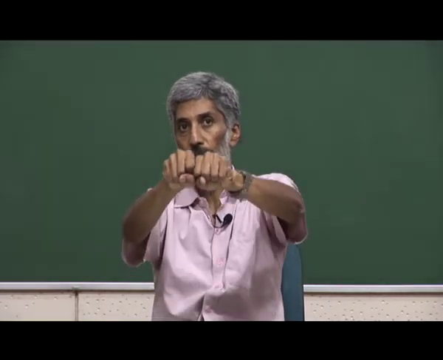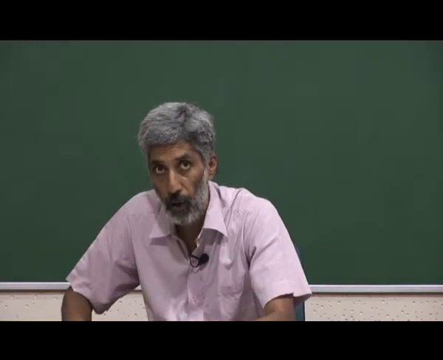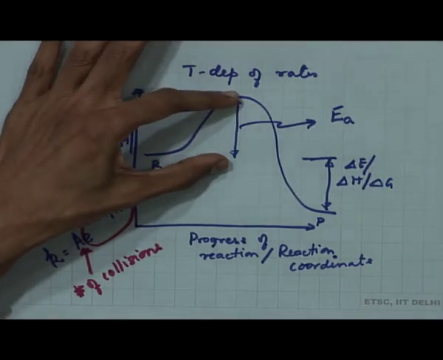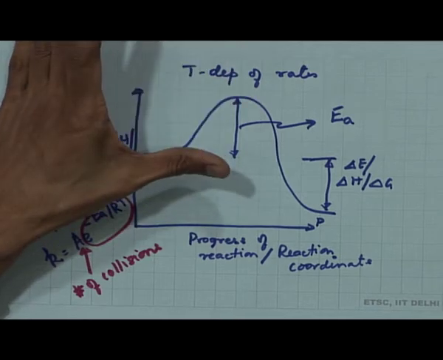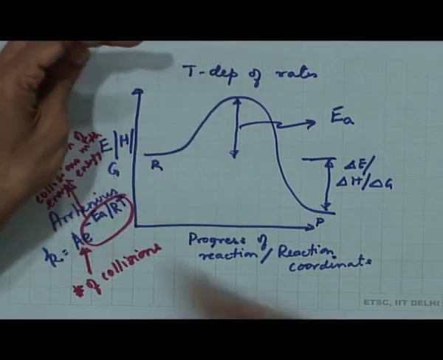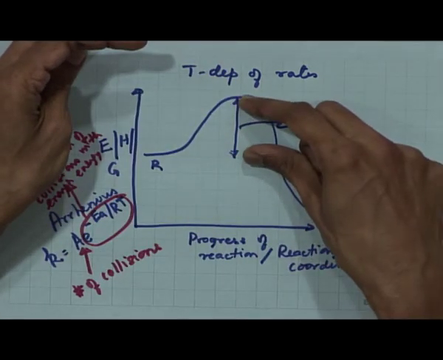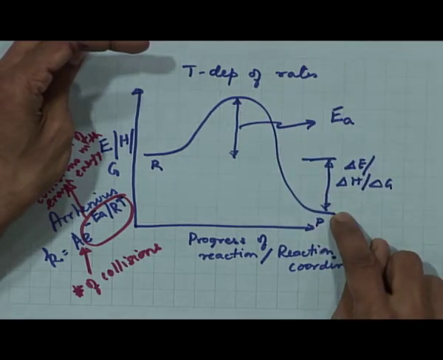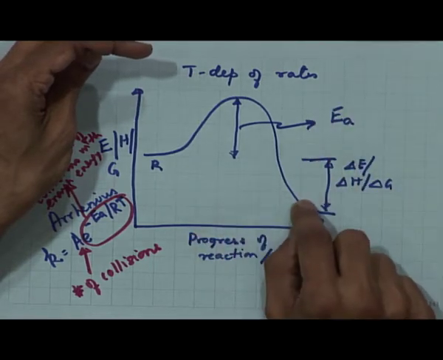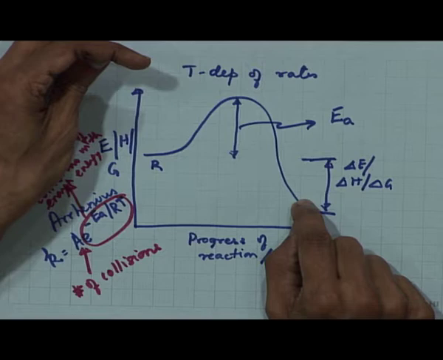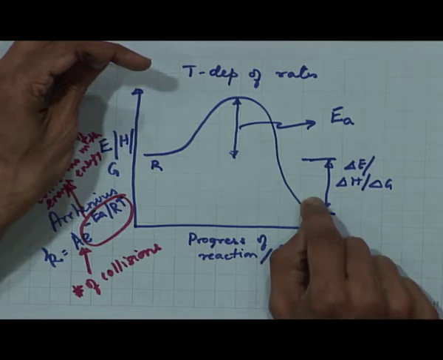So, these have different energies because the kinetic energy of the molecules is different, and what we are saying is some molecules have the energy to overcome that barrier, and this is completely governed by kinetic theory. So, the fraction of molecules which have this barrier will go from the reactant side to the product side, and this is critical to understand, because if you want to understand catalysis, this is the key.